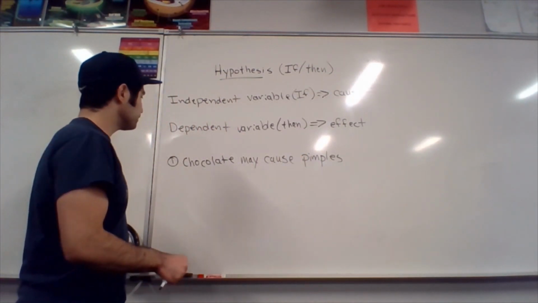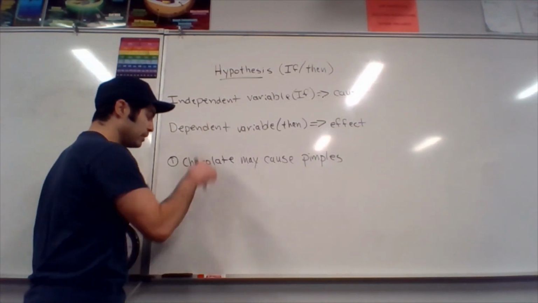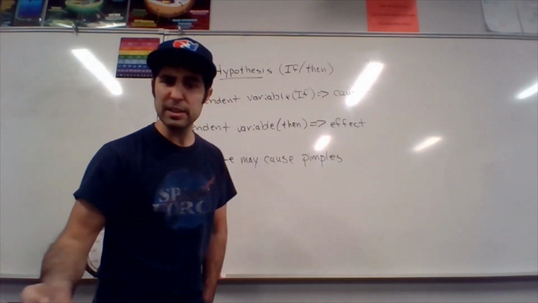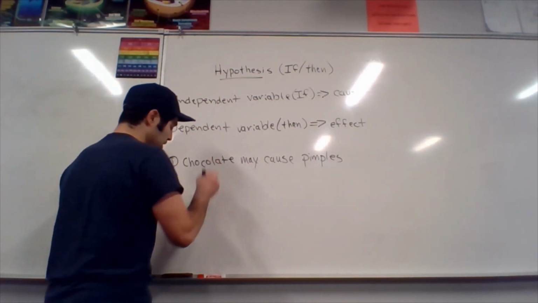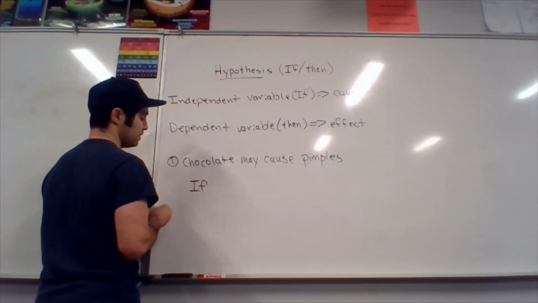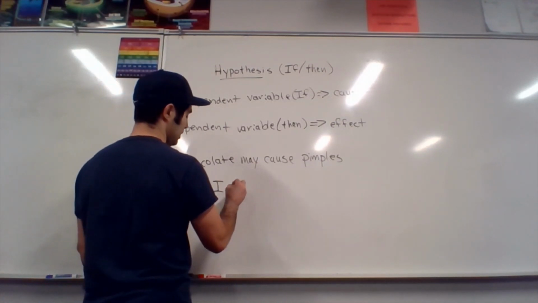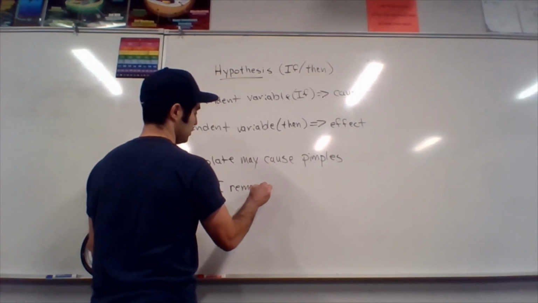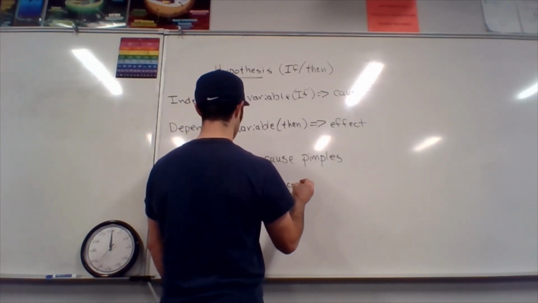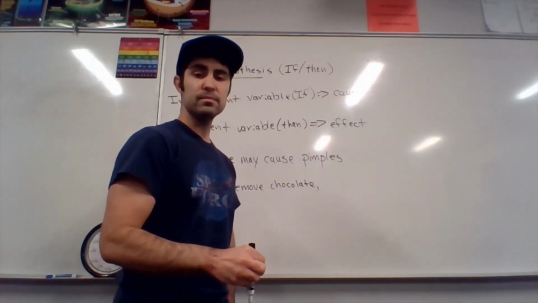Now, we are going to write a hypothesis, an if-then statement. So the very first thing you're going to write after you make this observation, you ask yourself a question, does chocolate actually cause pimples? Okay, so the very next thing you're going to do is write a statement starting with if. If I remove chocolate, what's the very next thing?